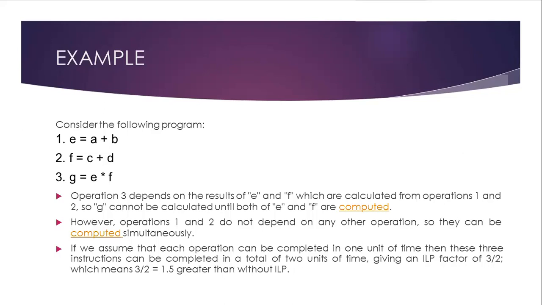If we assume that each operation can be completed in 1 unit of time, then these 3 instructions can be completed in a total of 2 units of time, giving an ILP factor of 3 by 2, which means 1.5.